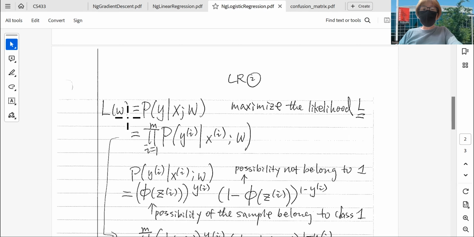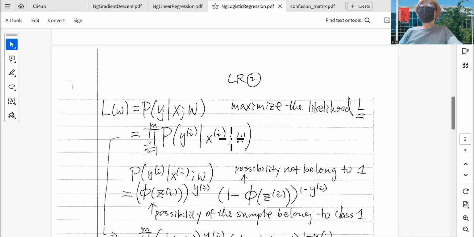The likelihood is: given the weights and the features, the probability that the output will classify the sample correctly or not.